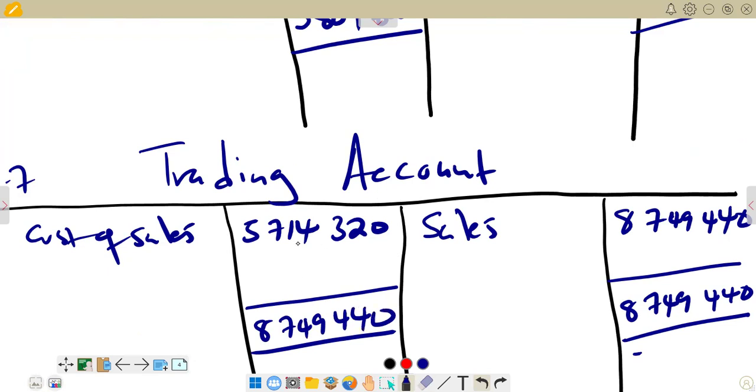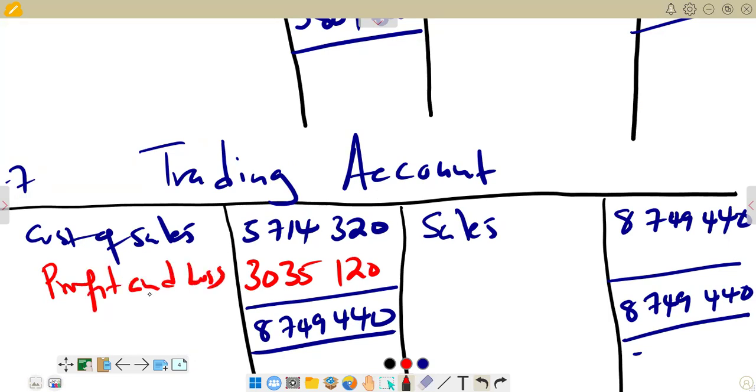And then if you subtract 8,749,440 minus 5,714,320, you're going to get your balancing figure, which is 3,035,120. And this figure you're supposed to transfer to profit and loss. So this is the last one that we have on this page.